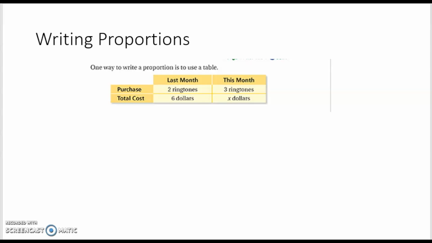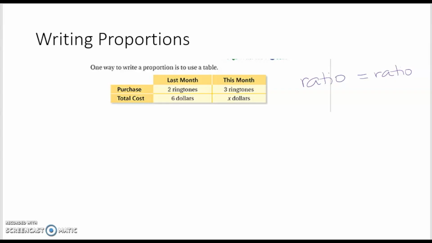So what we're going to do when we're writing a proportion is we're going to set up our ratio, and we're going to have our first ratio is equal to our second ratio. So that means when we're going through the information, we want to be looking at, okay, well, what's our first ratio? And we want to set that up.